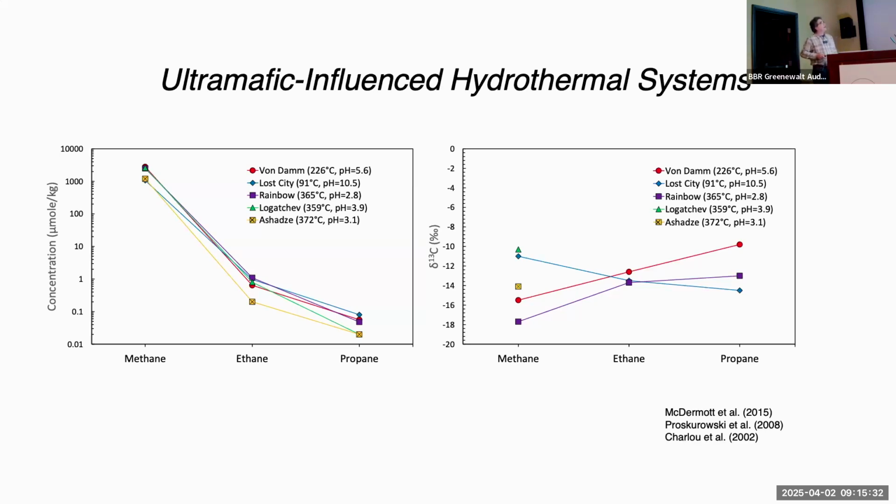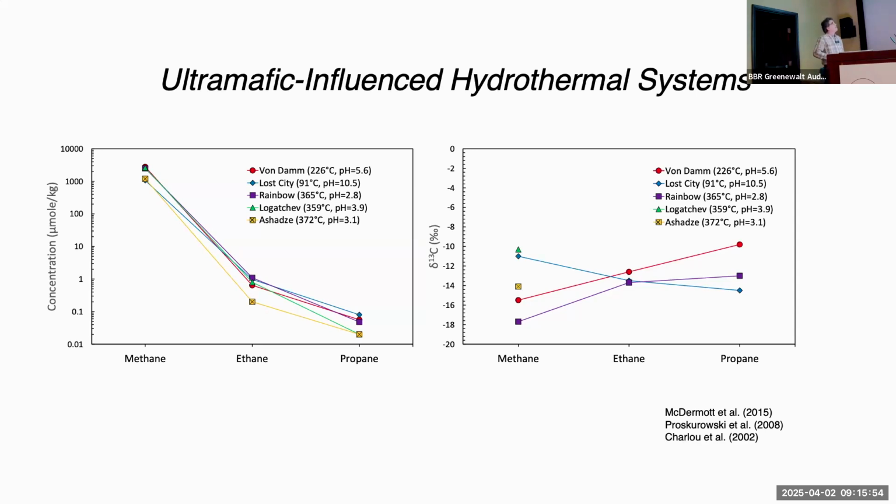And if you look at the isotopic composition, they also show a fairly narrow range of carbon isotopes. This suggests to me that there's a common process that's forming these hydrocarbons in these systems, regardless of the chemical environment of the actual vent fluids.